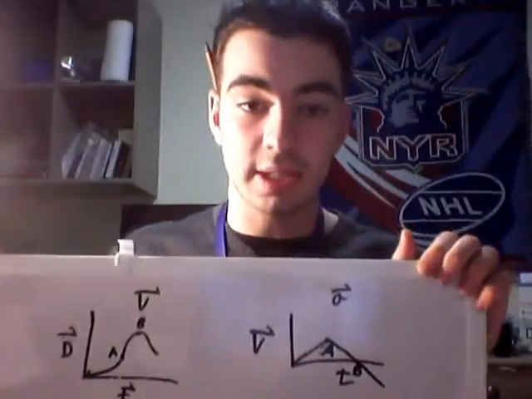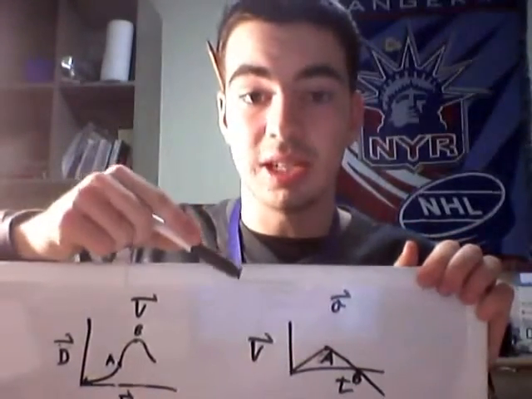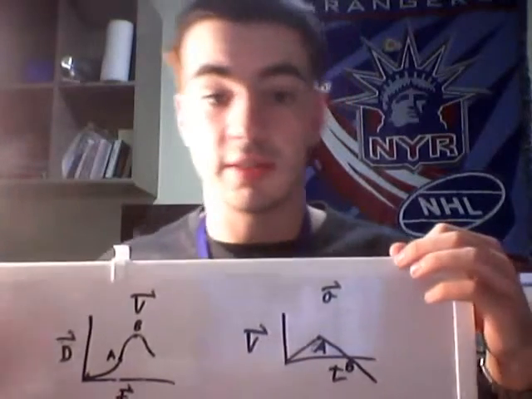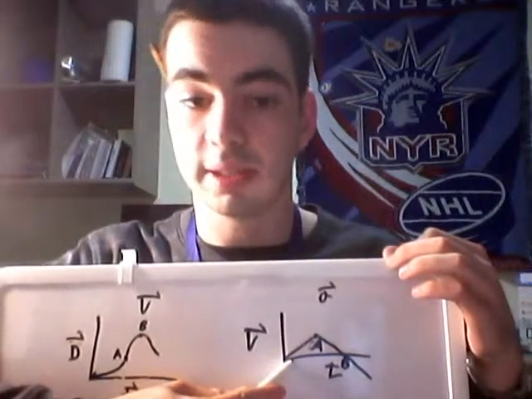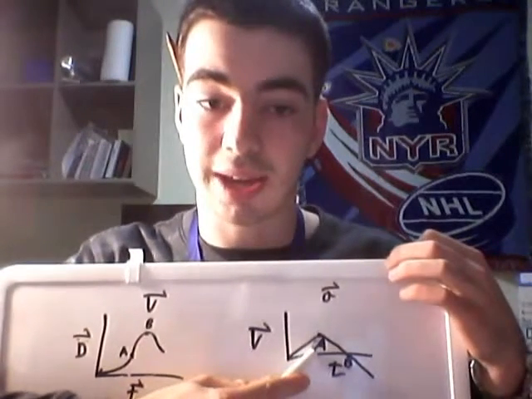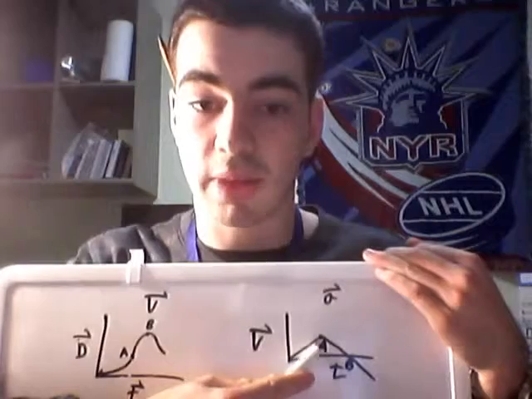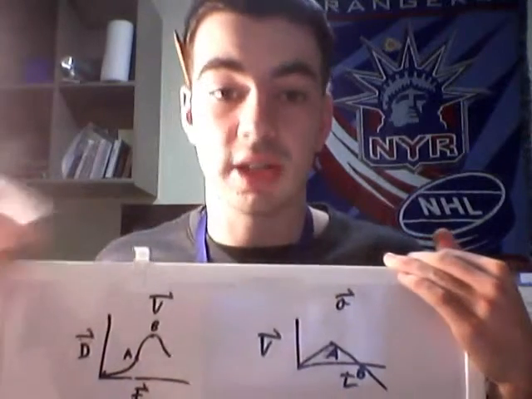At point B, we can see that the acceleration is changing, so some people might call that deceleration. We can see that more clearly in this graph here. So from this point to point A, we have an increase in acceleration. From A to B, we have a decreasing acceleration.